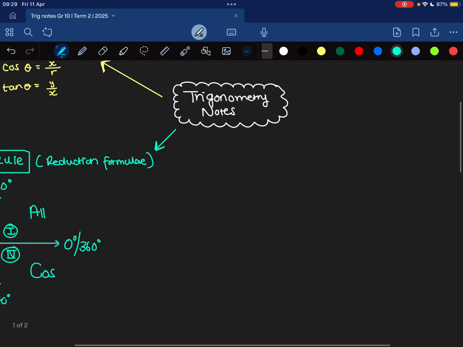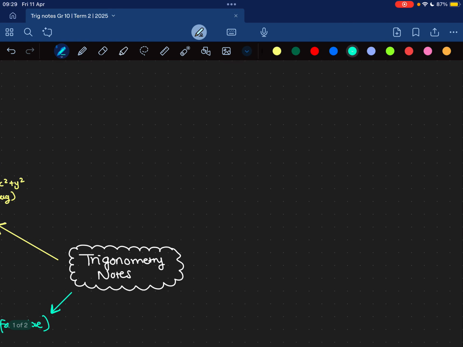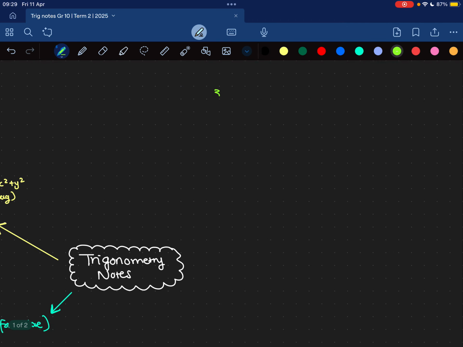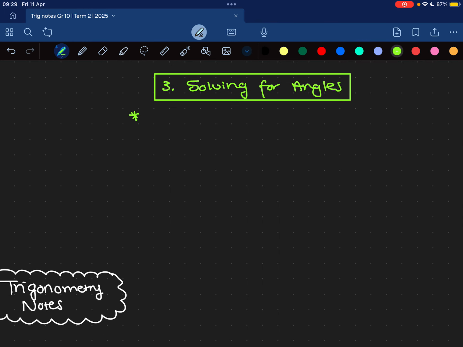Okay, so moving on, we then looked at solving equations, solving for angles specifically. The most important thing to remember here is that you always want the function on its own.